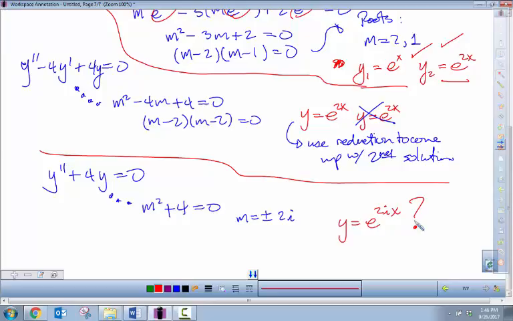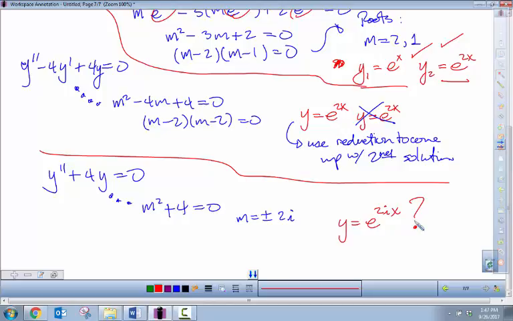Before we answer this dilemma, I just wanted to take a look at these three examples, because these are the three cases that we could possibly run into. When you have a quadratic equation, when you guys studied quadratic equations, remember there's three possible answers. One, you get two distinct real roots. The second one, you get one repeated real root. And then the third, you get two complex roots.